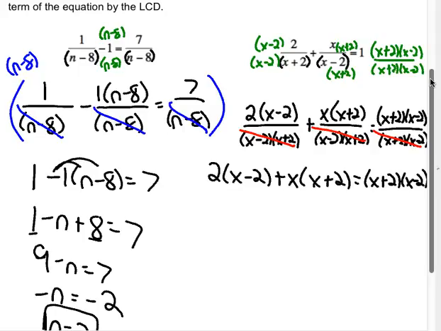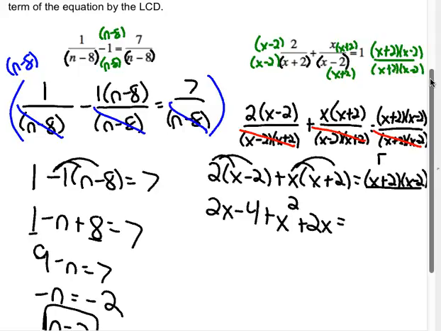So let's simplify them. Here, let's distribute that 2. So I have 2x minus 4. Distribute the x to get x squared plus 2x. This we're going to FOIL.